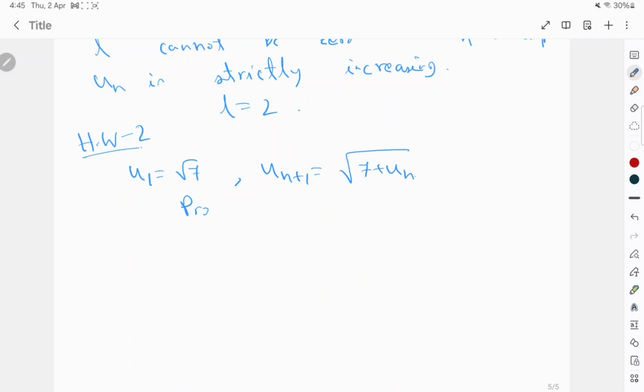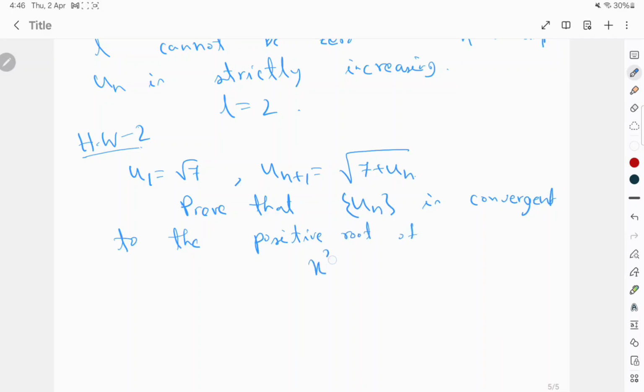Prove that un is convergent to the positive root of x square minus x minus 7 equal to 0.